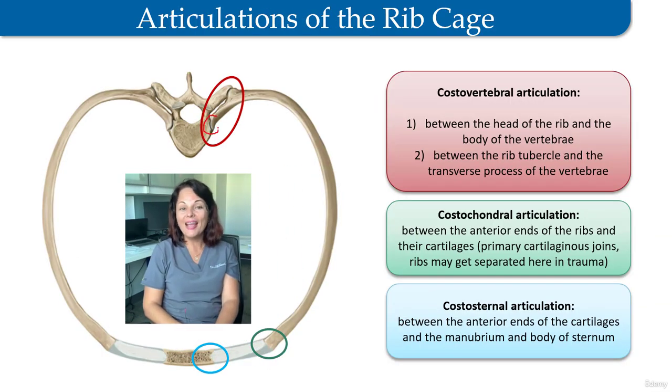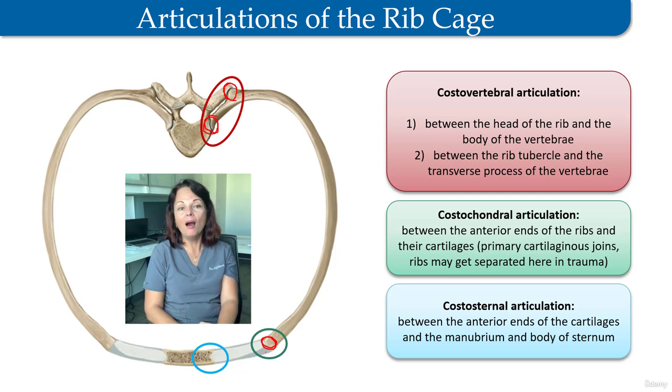So, the heads of the ribs articulate with the bodies of vertebrae at the costovertebral joints. The tubercles of the ribs articulate with the facets on the transverse processes of the vertebrae at the costotransverse joints. The anterior end of each rib articulates with its cartilage at costochondral joints.